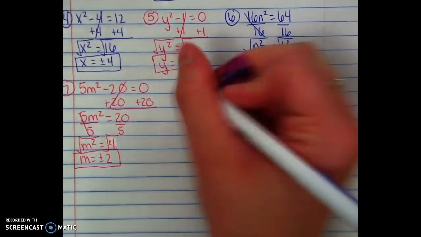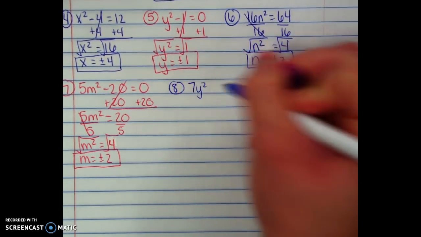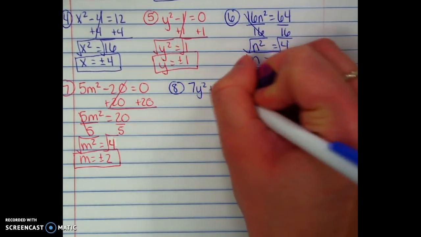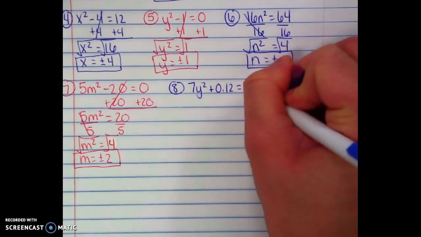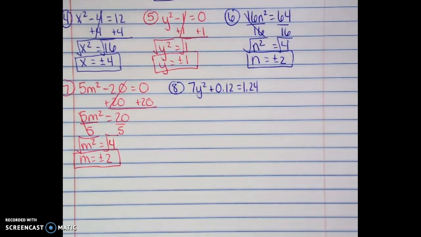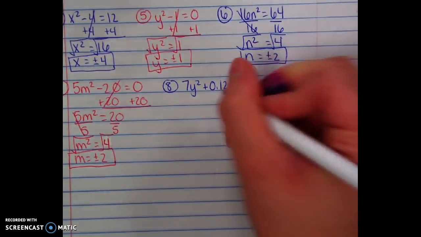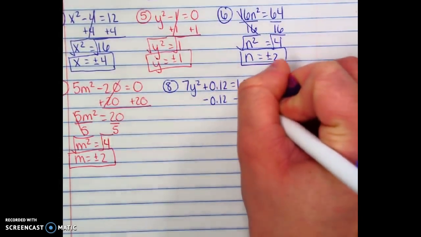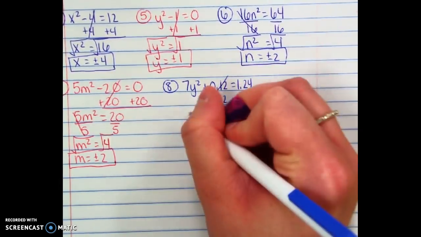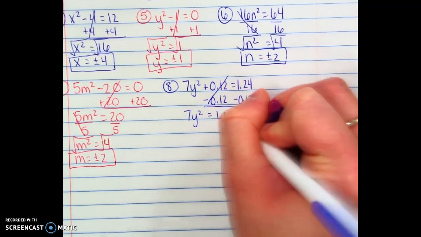Okay, number 8. 7y squared plus 0.12 equals 1.24. Oh, this looks like a fun one. So same steps that we did over here, I'm going to subtract first. So subtract 0.12. I get 7y squared equals 1.12.